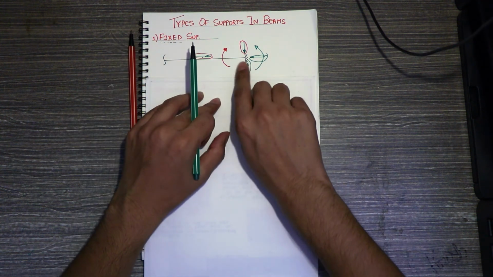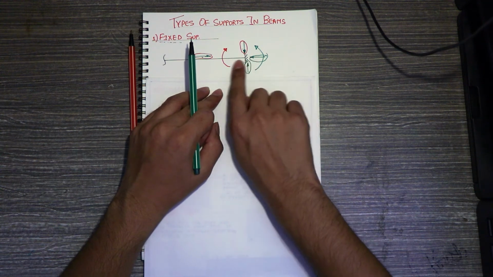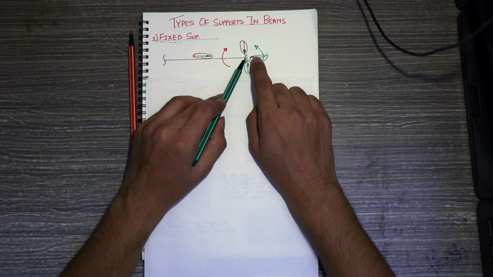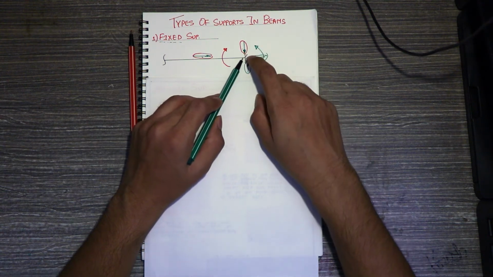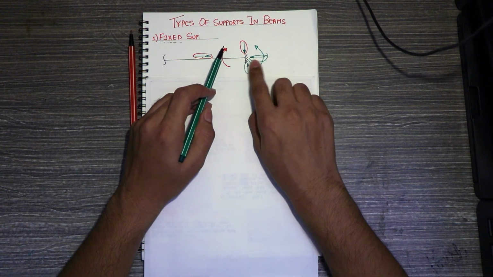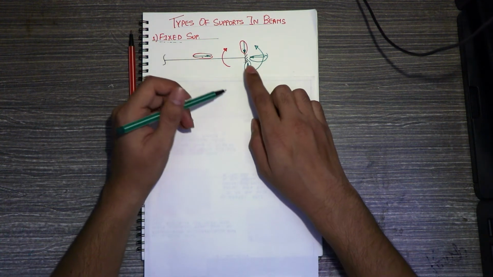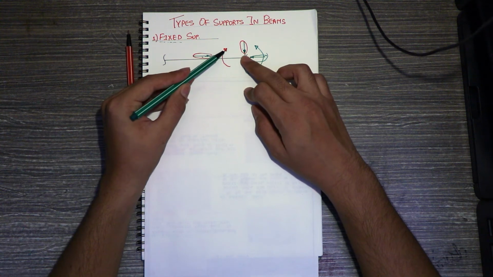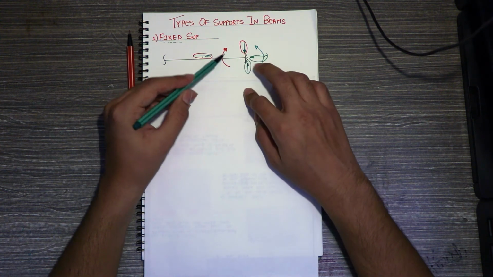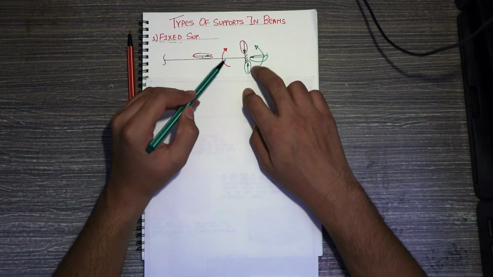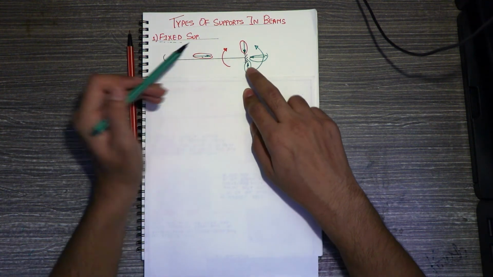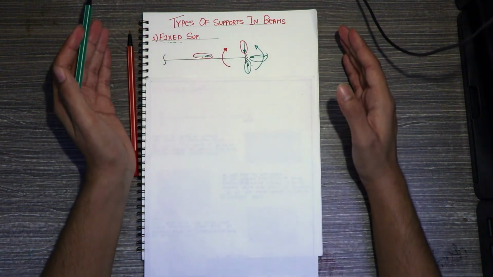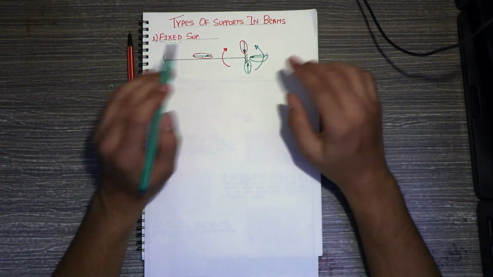Translate means what? Means move. If you try to move or translate this fixed support, then it won't allow you to translate itself. That means it won't move in the horizontal or vertical direction. Now if I apply some rotational force, that means if I apply a moment, then also it won't rotate. Why? Because a reaction is formed inside the support which is in the opposite direction and which is opposing the force applied.